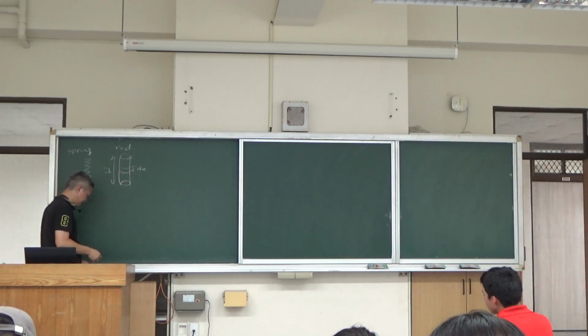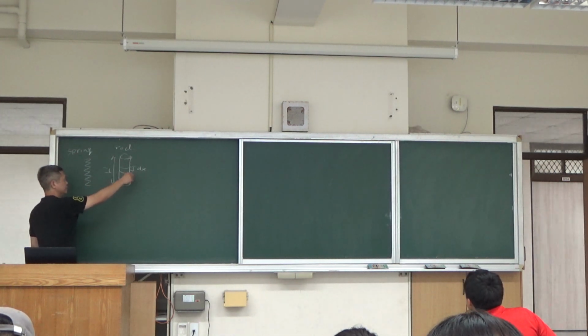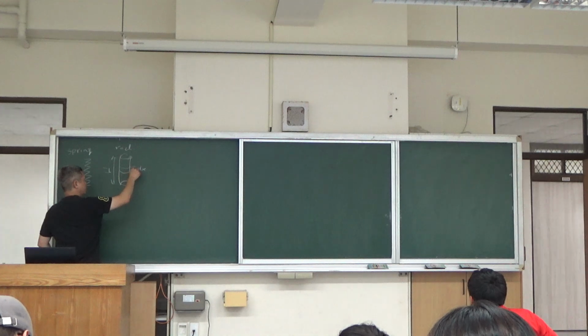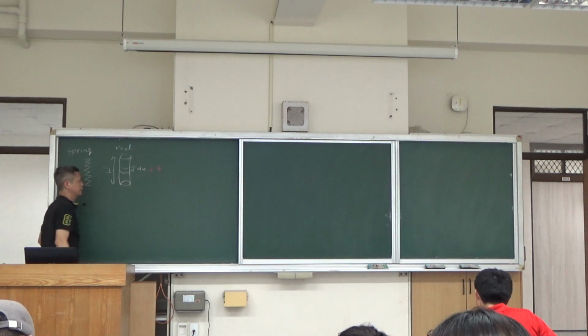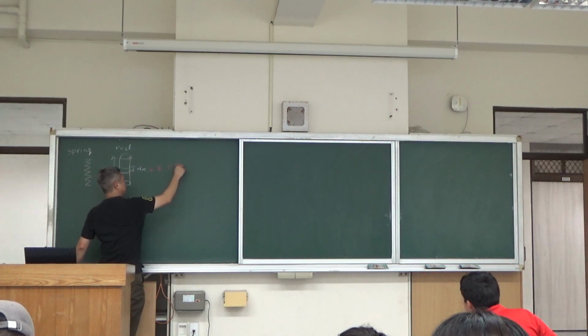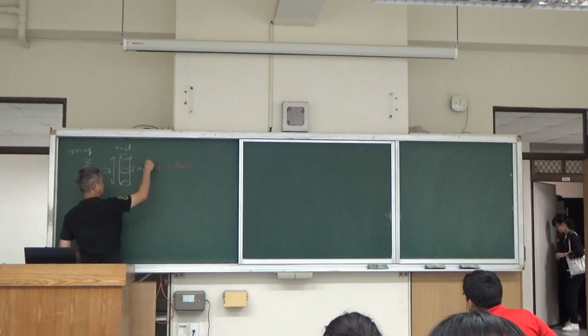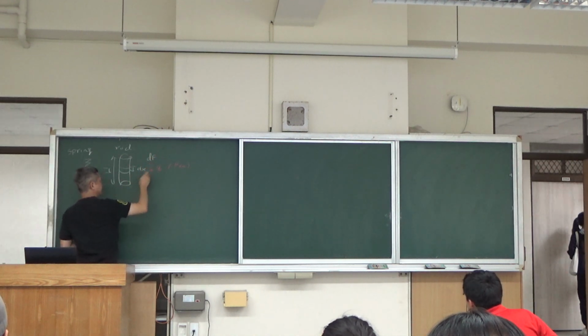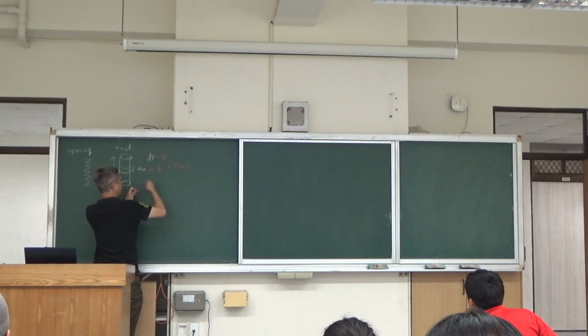So if you now subject it to distributed loading, let's say Q. Q has a unit of Newton per meter. Then how much is the force acting on this area? The force is equal to Q times dx.